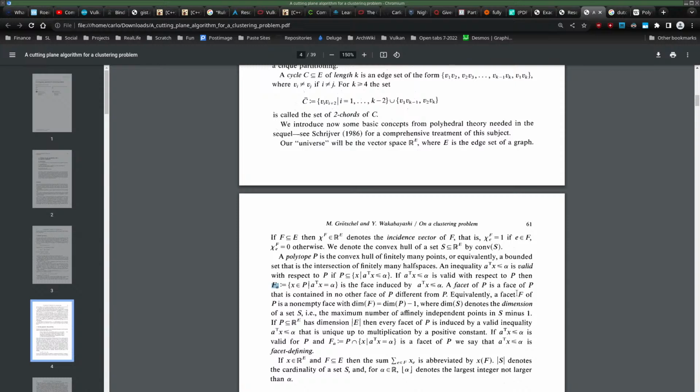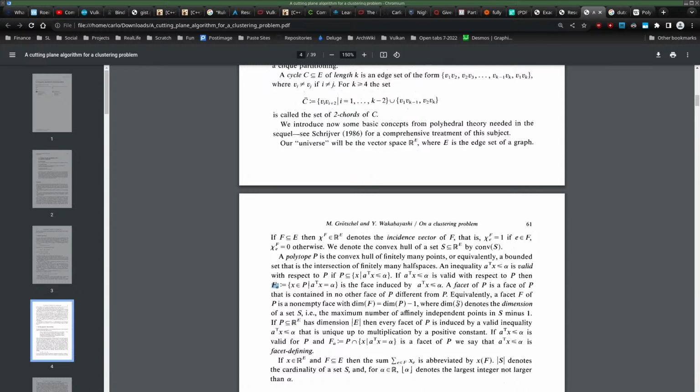Anyway, equivalently, a facet F of P is a non-empty face with the dimension of F being the dimension of P minus 1.